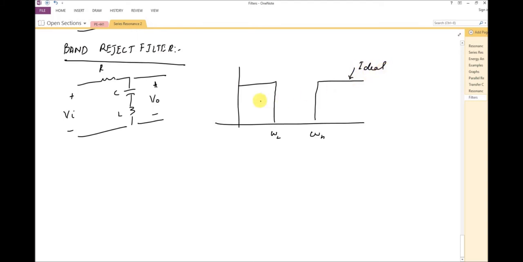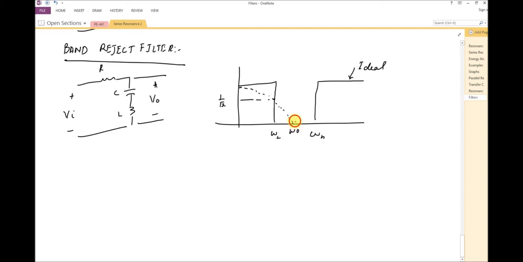Now if I have to draw the realistic curve, that will again start decreasing from the peak value, and it will cross the ideal characteristic, or it will have the lower cutoff frequency at 1 over under root 2 times the gain value, and it will be 0 at omega naught, which is the center frequency.